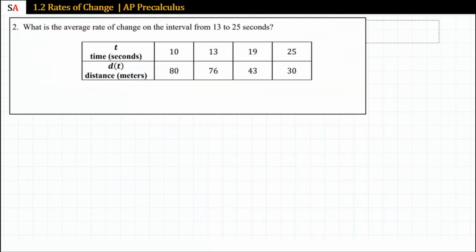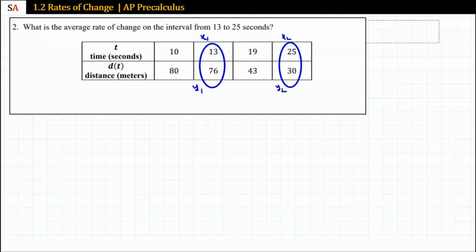Now let's move to the second problem. What is the average rate of change over the interval from 13 to 25? You can see at 13 the corresponding y value is 76. At 25 the corresponding y value is 30. So this one is x1, y1, and this one is x2, y2.